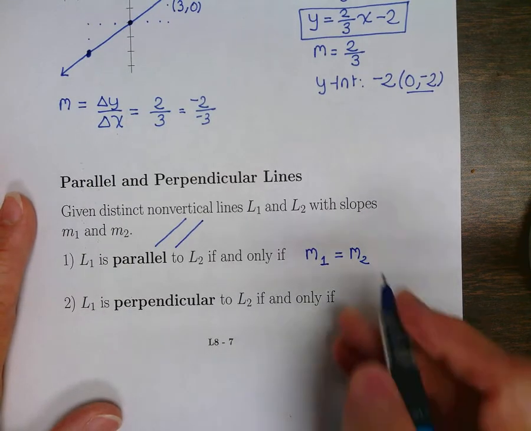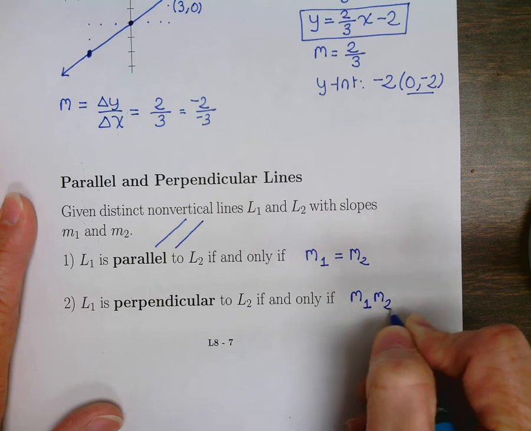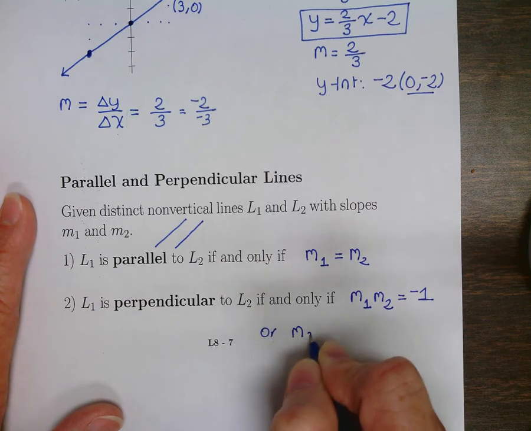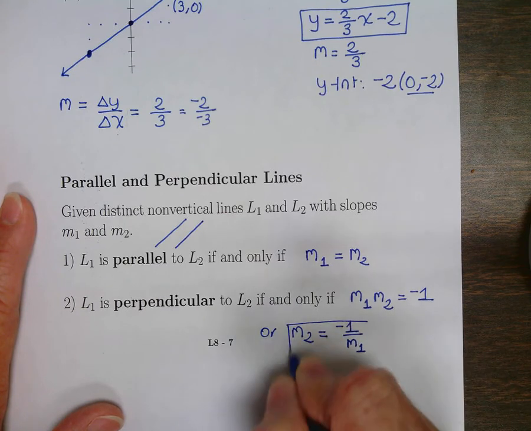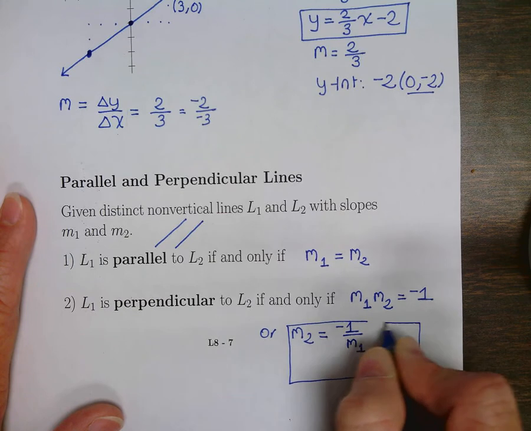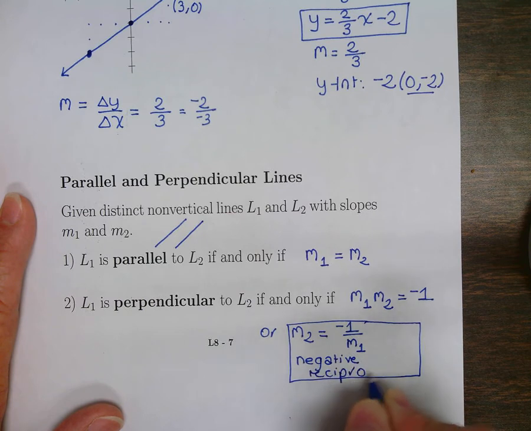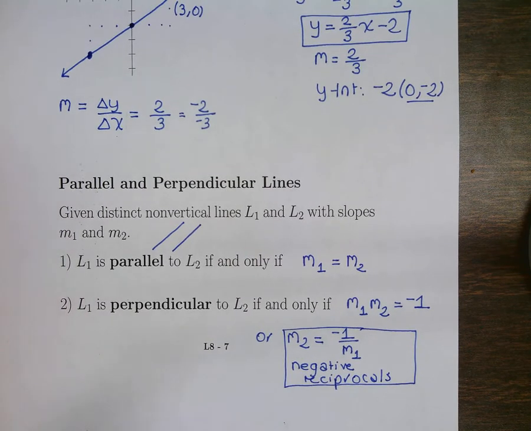And two lines are perpendicular if and only if the product of their slopes is -1, or m2 equals -1 over m1. In other words, the slopes are what we call negative reciprocals. And that comes from the Pythagorean theorem. There's actually a problem in your homework where you can look at that and see how that works.